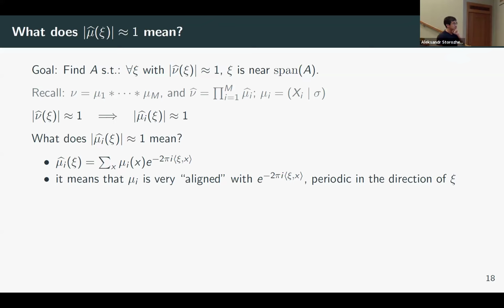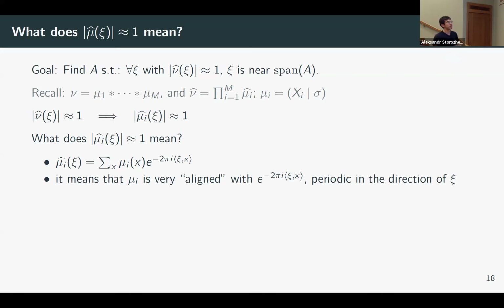So, okay, let's consider one particular psi that has a high Fourier coefficient, and because it's a product, each one of the factors must also have a high Fourier value at this point. And what does this mean? It means that my distribution must be very aligned with this Fourier base function, right? Because the maximum value it can achieve is 1, there shouldn't be much cancellation.